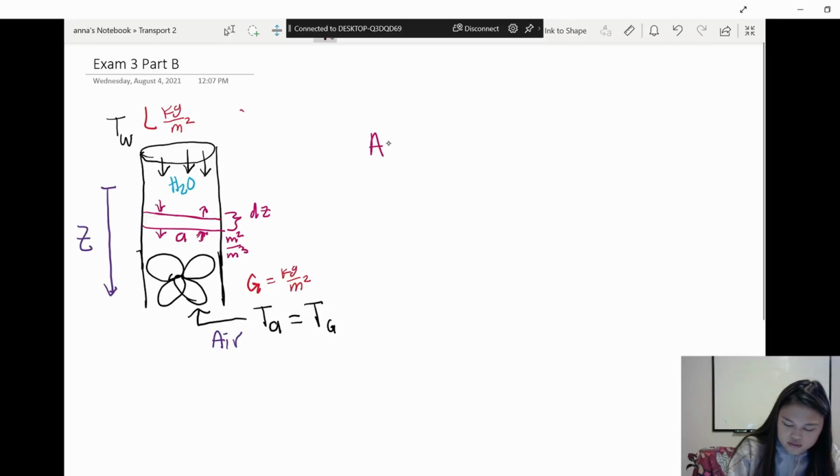The area multiplied by the gas flow rate over the molecular weight, for the air, gives the moles of the air and water mixture in the gas phase per second, this whole expression.